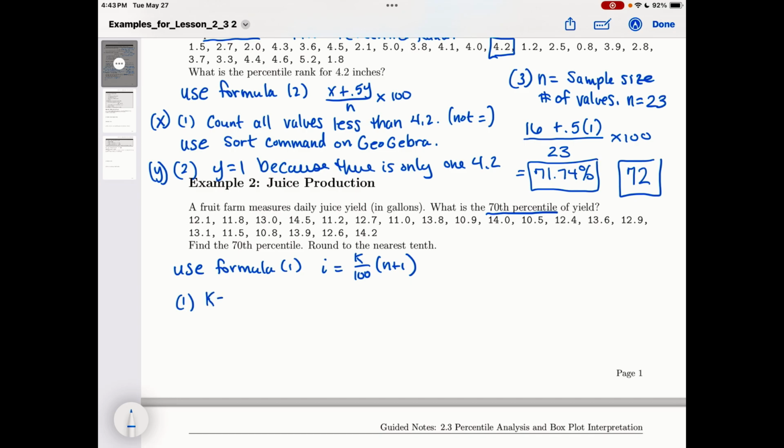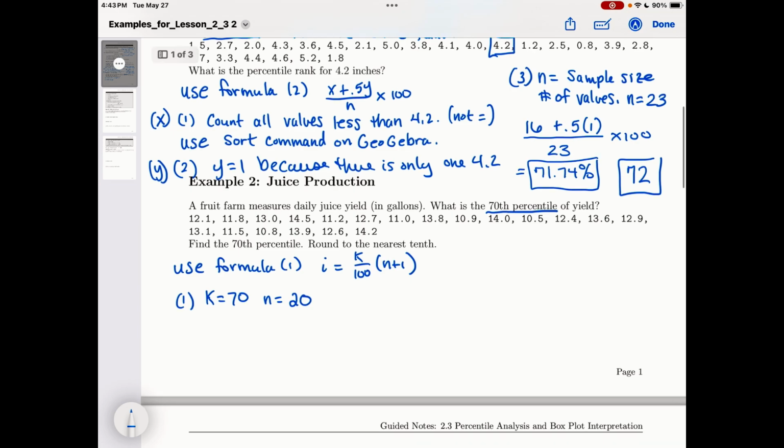So the first step is to identify the percentile, and that's K. K is 70th percentile. Then we also need to identify the number of data values. There's 20 data values. So we're going to put down N is 20. And so we are going to now use our formula to calculate our position.